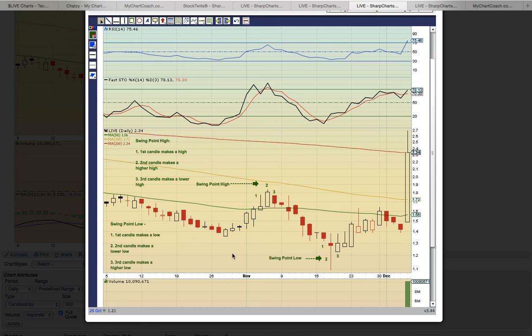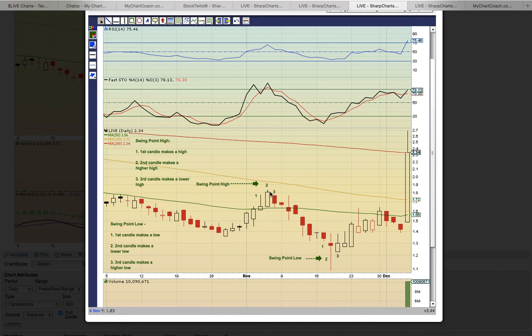So let's start off with the swing point high first. This is a stock that you are looking to short, so you're looking to take a bearish position. What you look for first is the first candle makes a high. As you can see, there's this uptrend, and this is the first candle of the pattern.